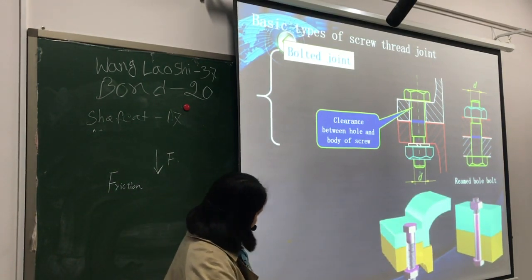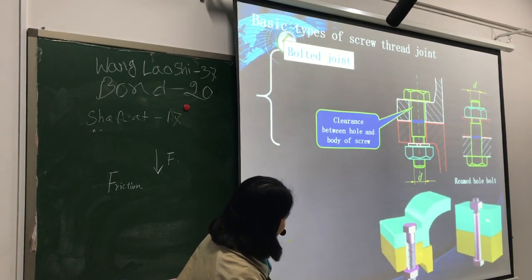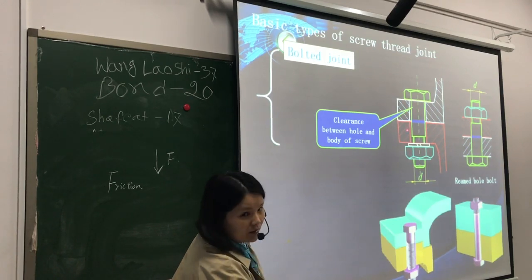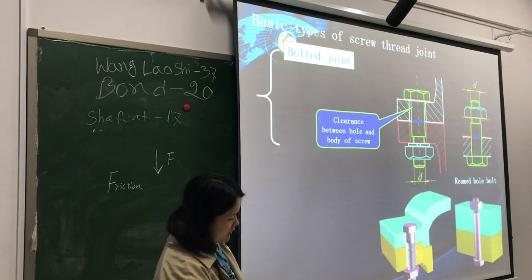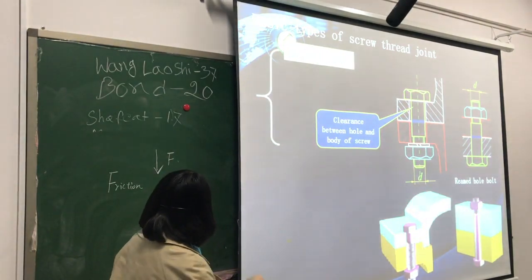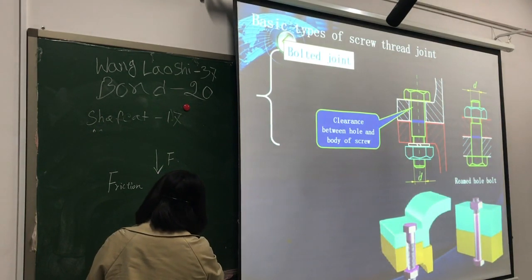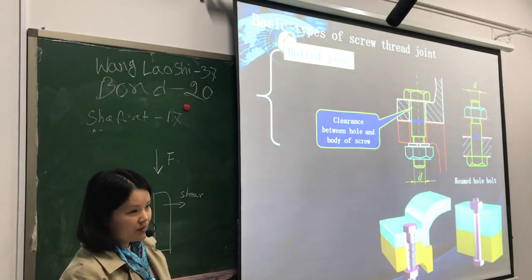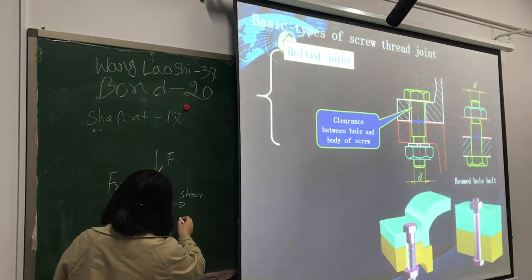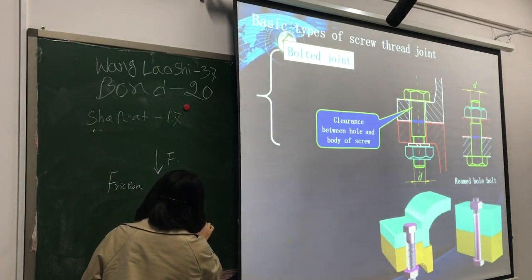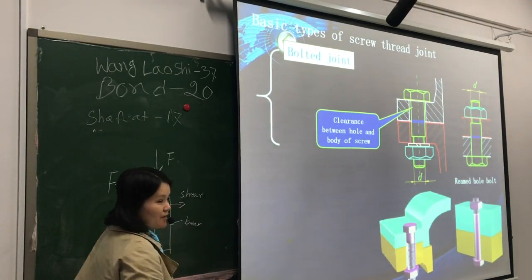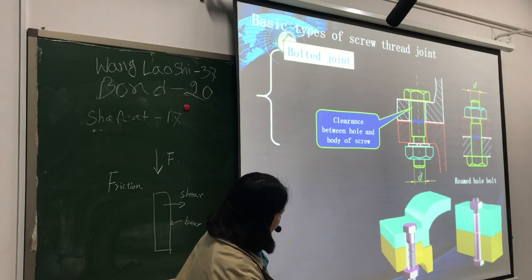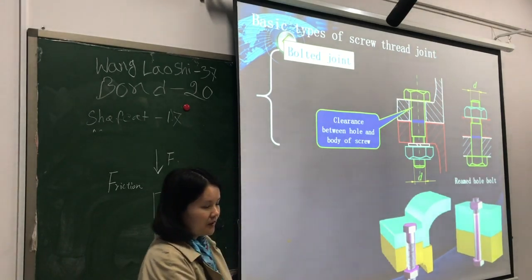But for the reamed hole bolt, there is no clearance. So it is subject to shear stress and bearing stress between the bolt and the hole.